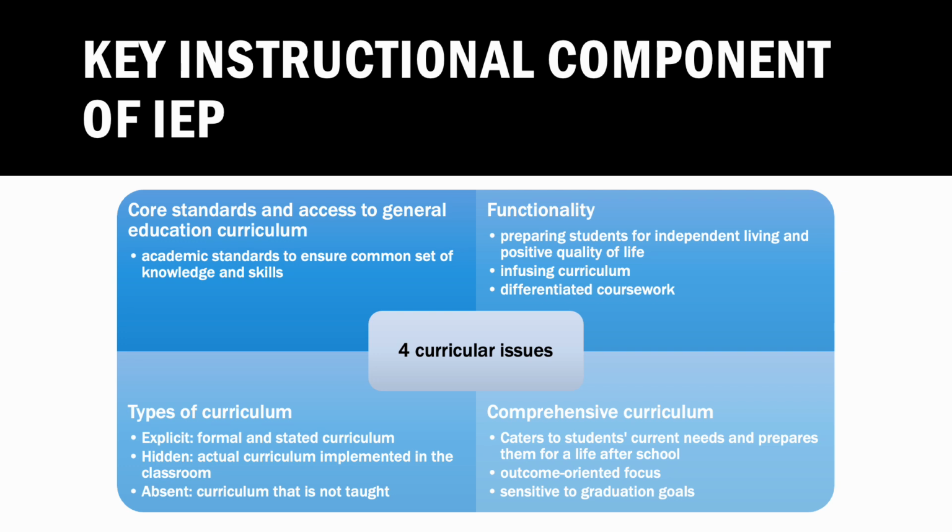Relating life skills to academic curriculum can be achieved by infusing life skills into academics, which is where that infusing curriculum comes in. So you're augmenting an academic curriculum with functional content and providing differentiated coursework to really infuse them and put them together. You're working together to embed life skills into academic instruction and vice versa.